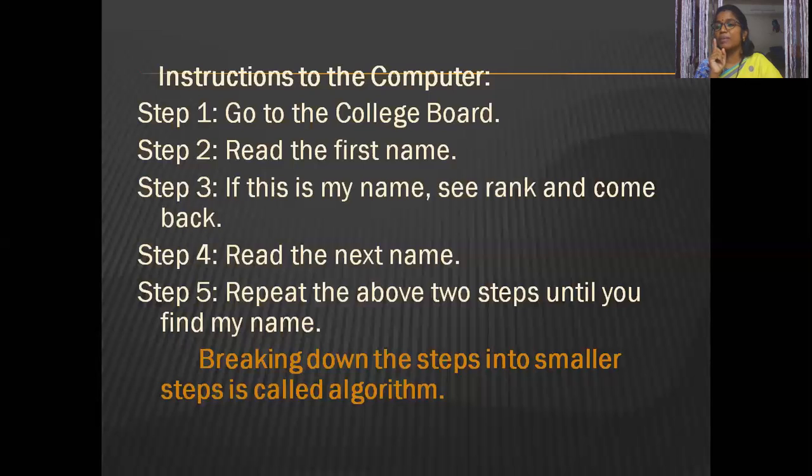The simple task which I can tell my friend, go and see my result, is enough for a human, whereas it has to be told in a stepwise format to the computer. So the algorithms will be like this. It's just an example I have written so that you can understand it better.